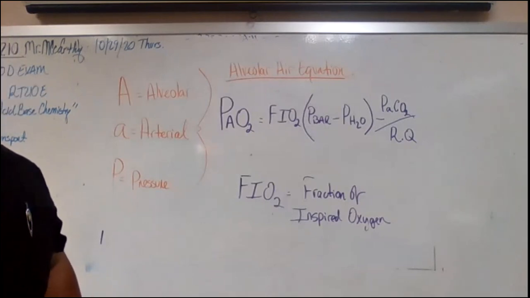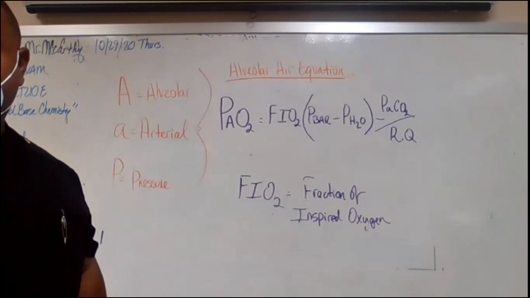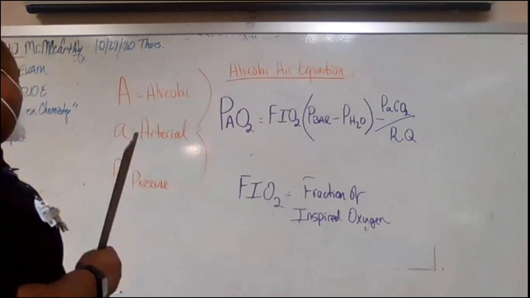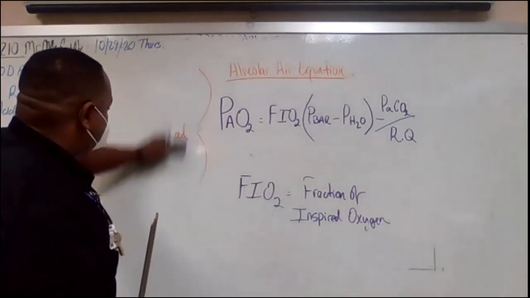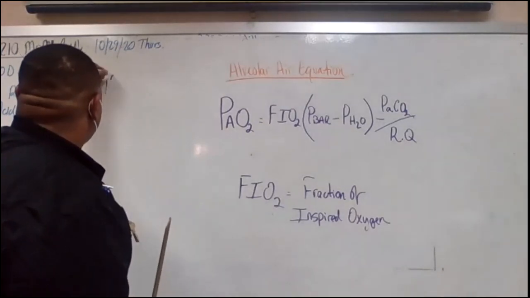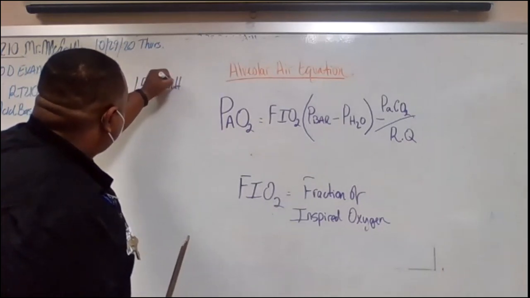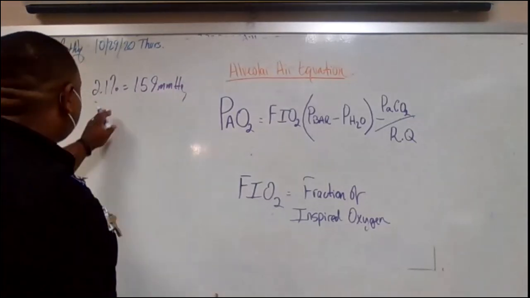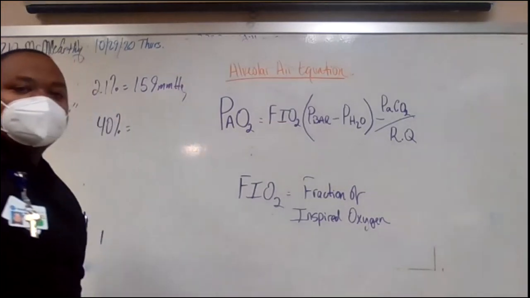But if I put some oxygen on your nose, now I am increasing the percent that you're taking in, and that's going to increase the pressure that you're taking in. If I know that 21% equals 159 millimeters of mercury, because of the formula we did with the 760, what if I got a person on 40% oxygen? What would be the pressure then?